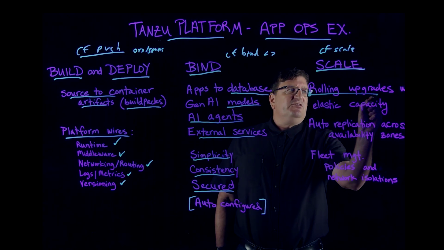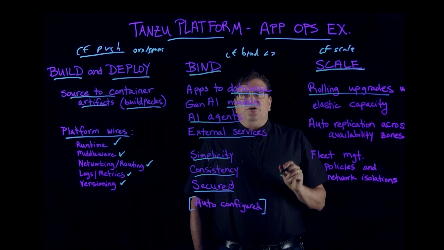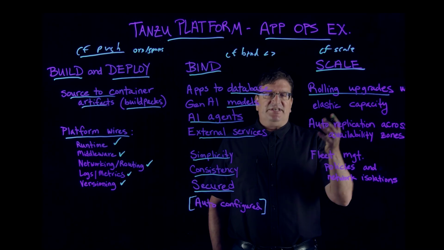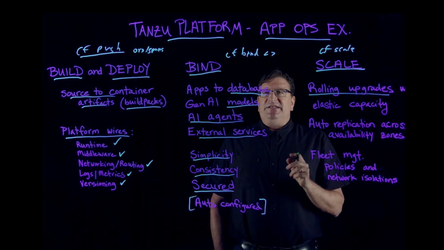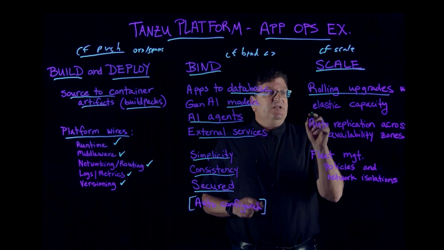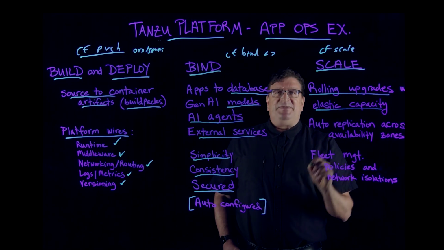The first thing I'd like to talk about is rolling upgrades. You're able to scale your application, doing cf scale, for example, instances 10. That means that there will be 9 additional instances of your application spread across different elastic capacity.